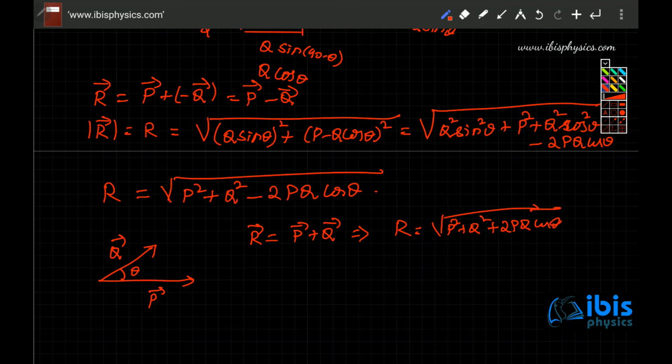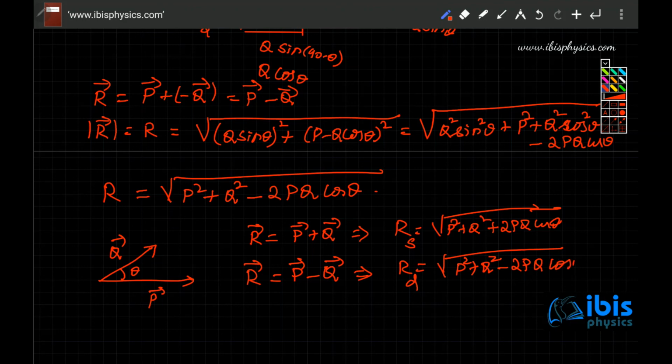And for the difference between two vectors, the resultant of the difference, p vector minus q vector, has a magnitude equal to root over p square plus q square minus 2pq cos theta.